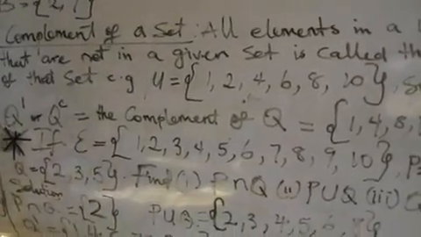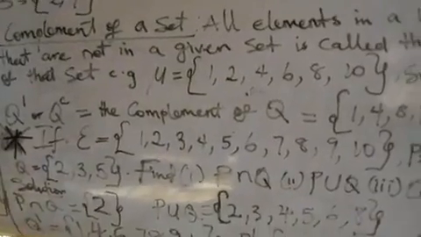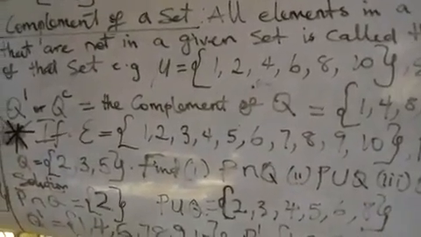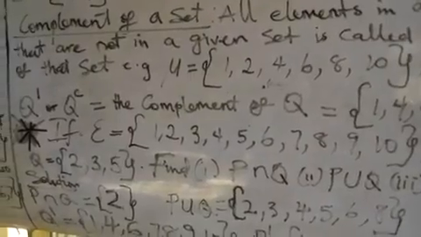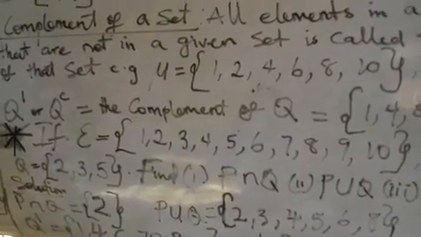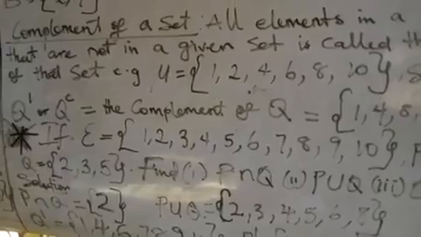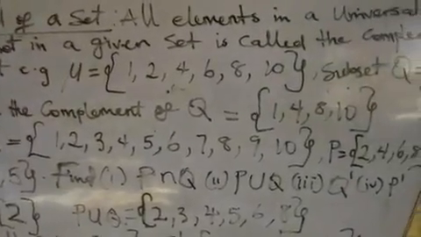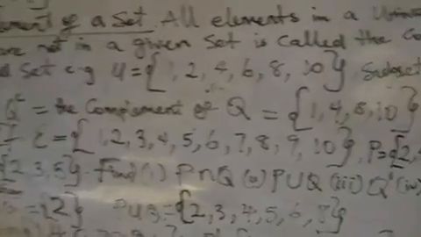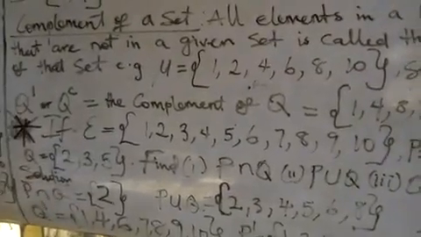So let's follow this example and take you through it. The universal set has the elements 1, 2, 3, 4, 5, 6, 7, 8, 9, 10, subset P has 2, 4, 6, 8, and subset Q has 2, 3, 5.